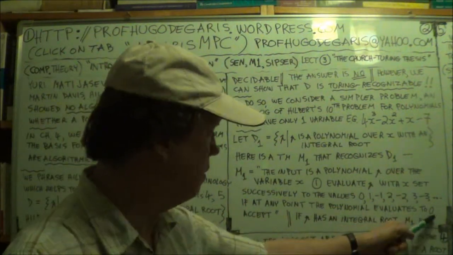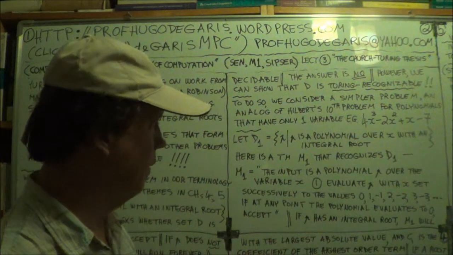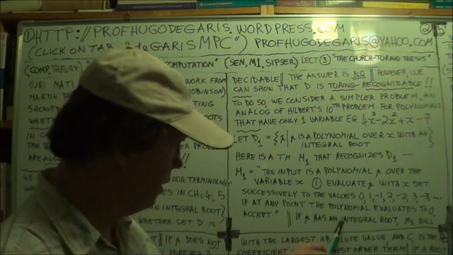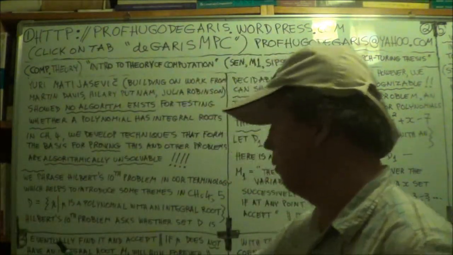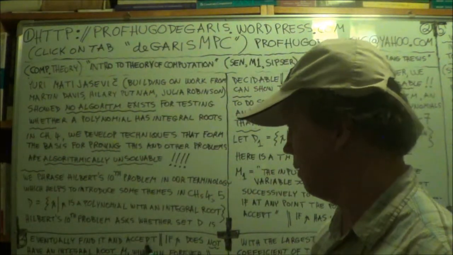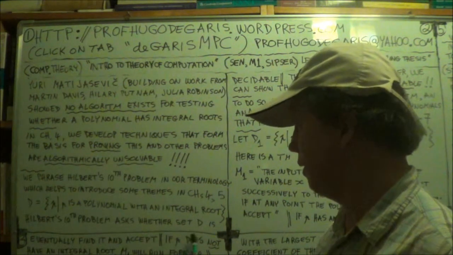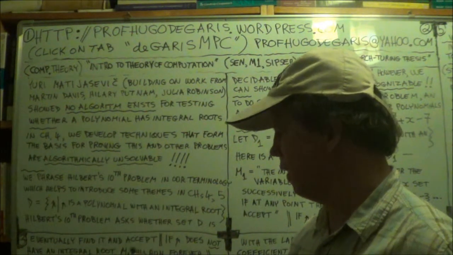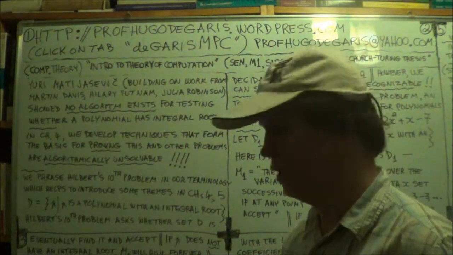Okay. Now, if the polynomial evaluates to 0, then your Turing machine will accept. Okay. Now, if polynomial P does have an integral root, then your machine will eventually find it and accept. Okay. Now if your polynomial does not have an integral root, then this machine M1, now you probably can't see the second line, but I'll just read it out a bit, getting into the next session.